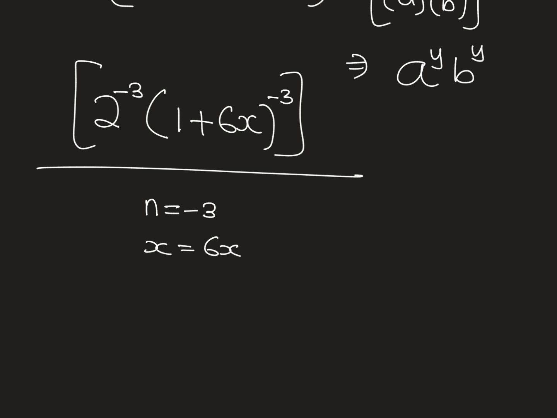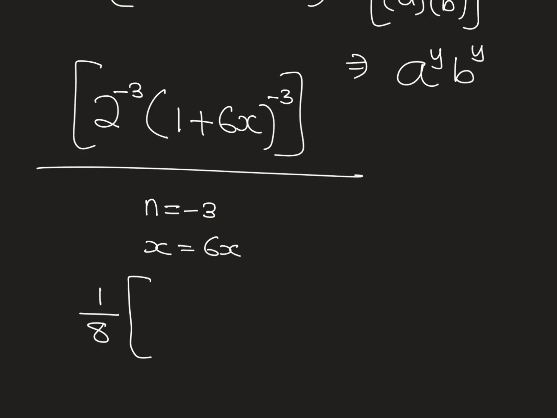All right, but since you have before the bracket, that is before the binomial, since you have an expression, what that means is you're going to multiply that with your entire expression that you have. So 2 to the power minus 3 is the same as 1 over 8, right?